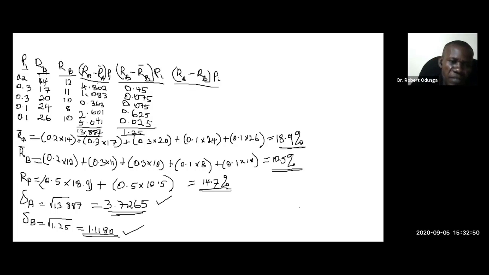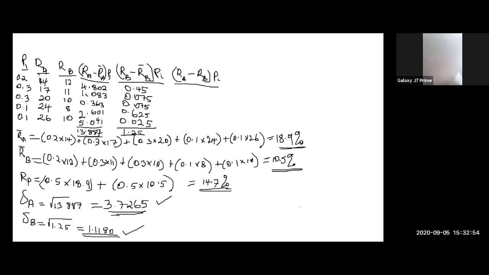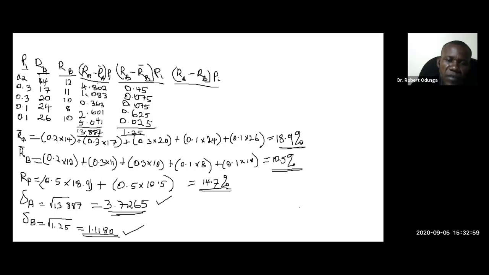If you recall what we did yesterday, covariance is given as that. So we get the difference between A's and the difference between B's, and then you get our PI. So it's actually the whole thing.